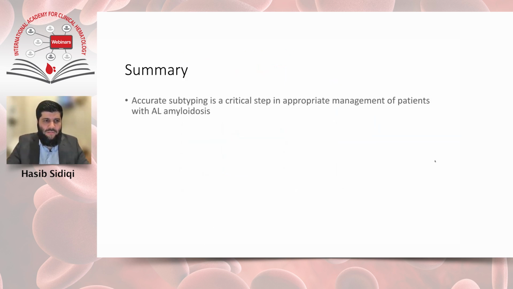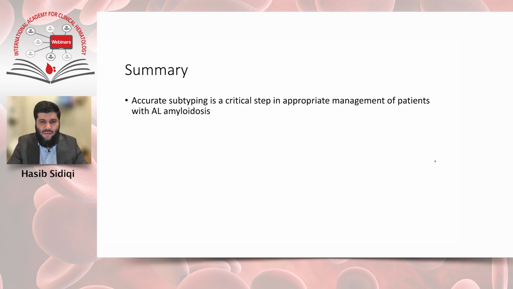So to summarize, I think accurate subtyping is a critical step in appropriate management of patients with light chain amyloidosis. This is going to become increasingly relevant given the increasing numbers of patients being diagnosed with wild-type transthyretin amyloidosis.